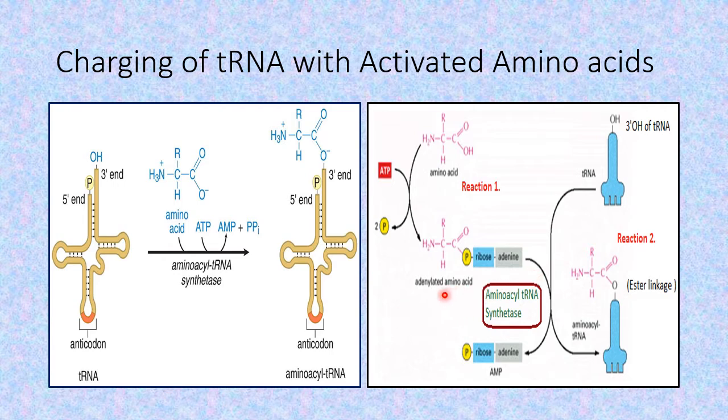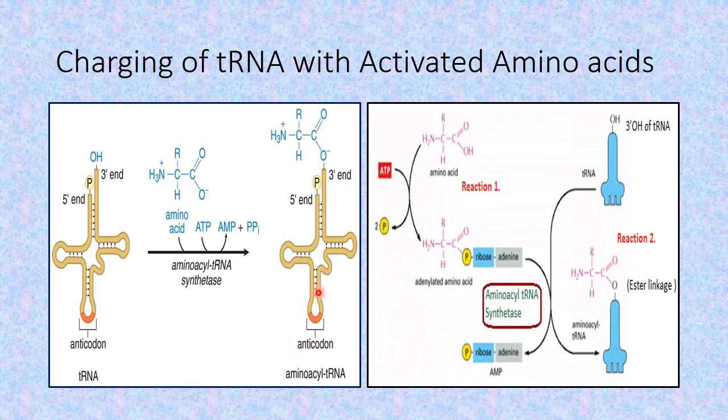This results in the formation of adenylated amino acid, and the pyrophosphate molecule, that is the PPi, is released. After this, the charged or activated amino acid in the form of adenylated amino acid attaches to the 3' end of the transfer RNA.